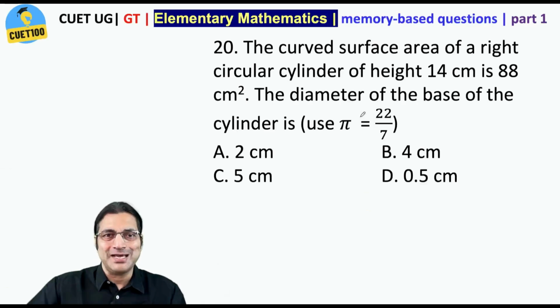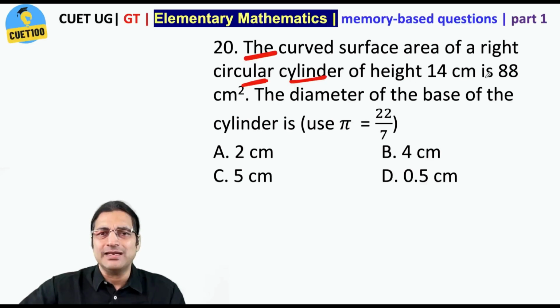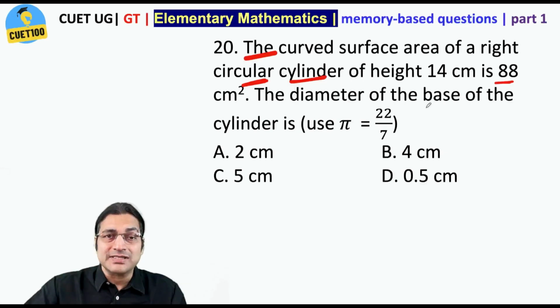Alright? Okay. The curved surface area of a right circular cylinder of height 14 is 88 centimeter square. Curved surface area of a cylinder is 2 pi r h. H is height.